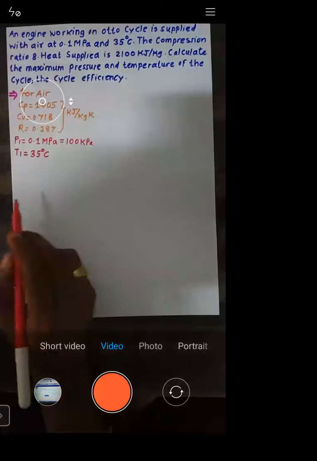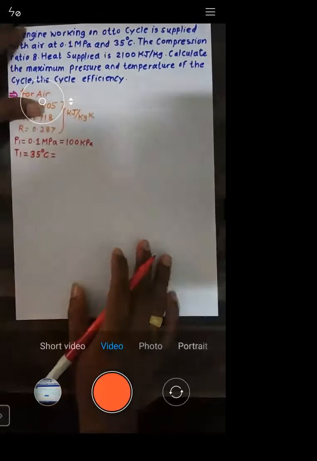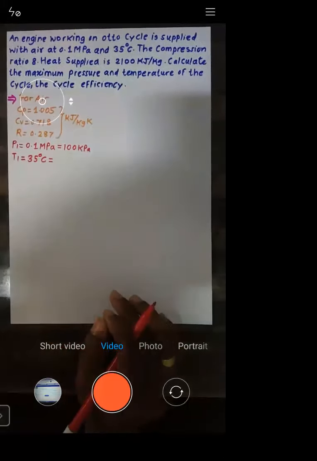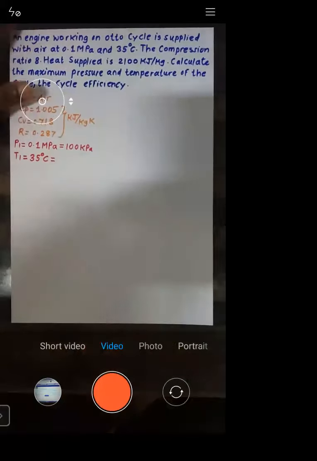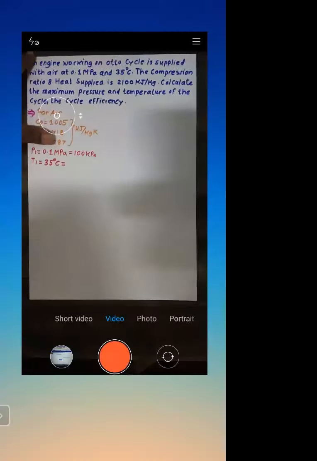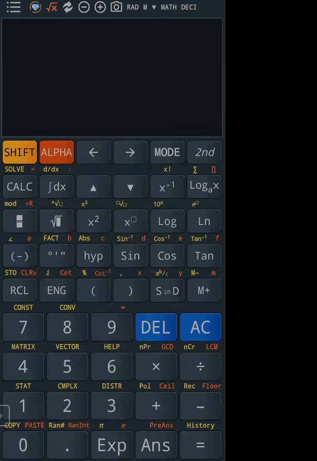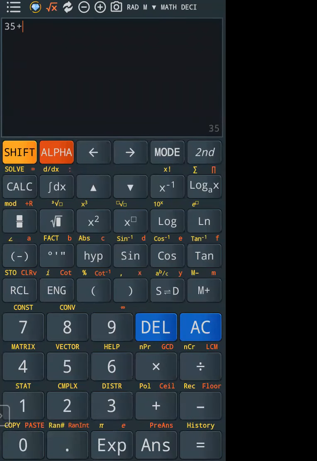And 35 degrees Celsius, how much is it in Kelvin? 35 plus 273 comes to 308 Kelvin.